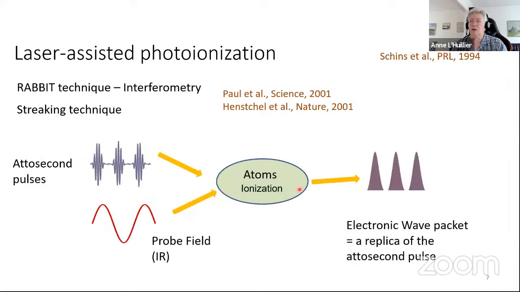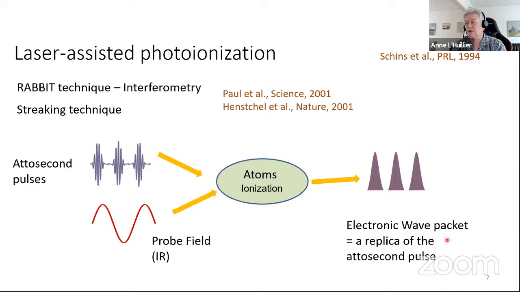So laser-assisted photoionization is: you expose an ensemble of atoms or molecules to the combination of attosecond pulses, either in a train or single, and a probe field. And then you study the electrons which are emitted in the process. Now, in the RABBIT and streaking techniques, you basically assume that the electron wave packet that you detect is a good replica of the attosecond pulses used for the excitation.